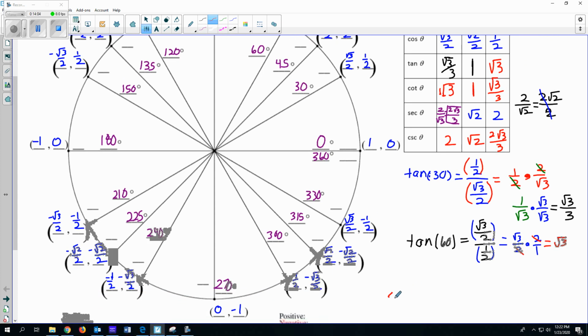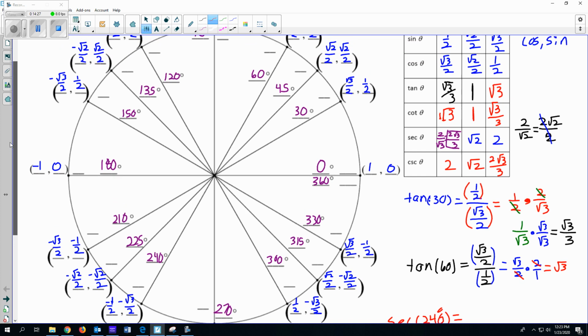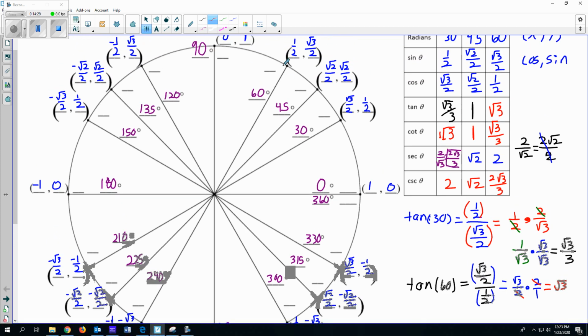If I ask you for the secant of, let's say, 240 degrees, 240 is right here. To get back to home base, which is quadrant 1, you're basically going to reflect over here and then reflect back up. So its reference angle is 60 degrees. You can look at secant of 60 degrees, which is 2.